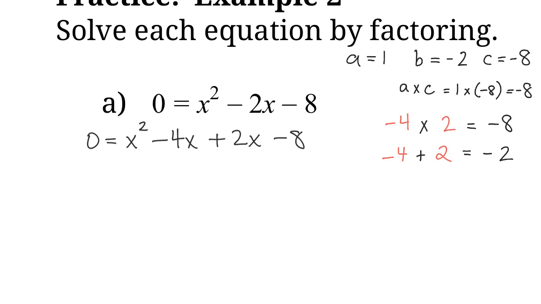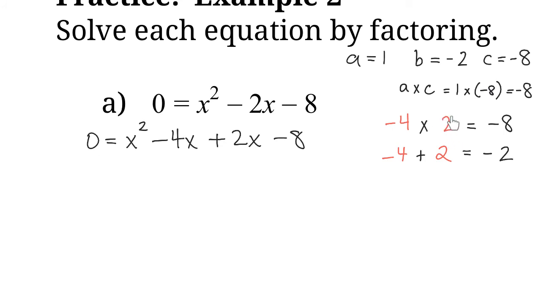So our next step is to take our two magic numbers of -4 and +2 and insert them into the middle of our equation. So we're still going to keep the 0, we're still going to keep the equal sign, we're going to keep the x squared, and then I inserted -4, attached an x to it.